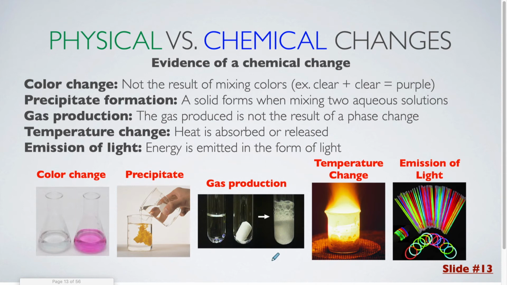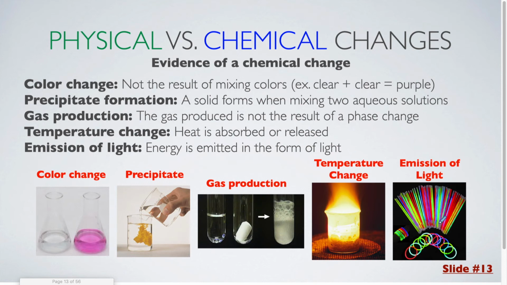A temperature change, if heat is either absorbed or released. So here we can see this chemical reaction which is occurring, which is giving off a flame. So there's a lot of light and heat which is being emitted here, which is actually connected to our next one, emission of light. Often these two will potentially occur together. So energy is emitted in the form of light.